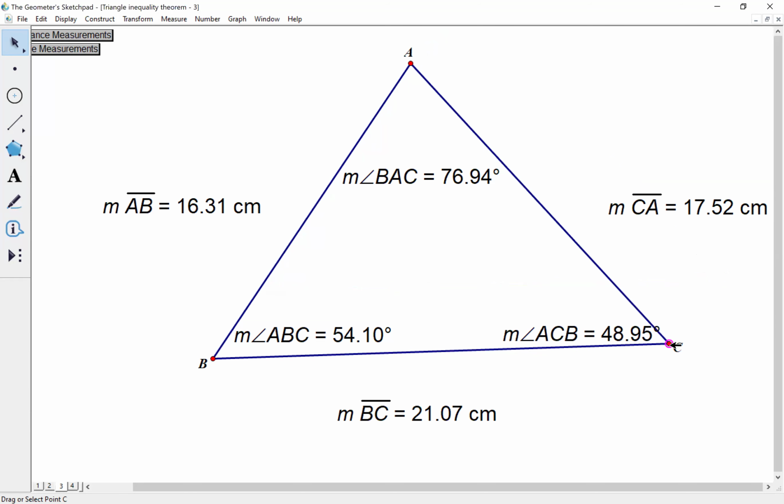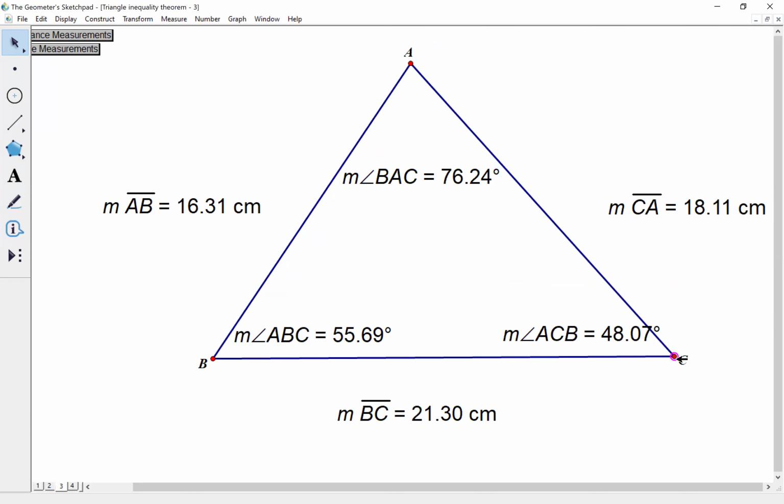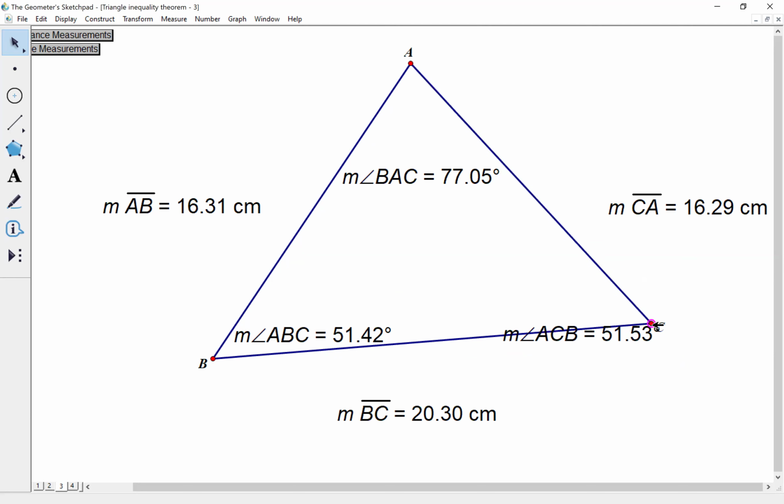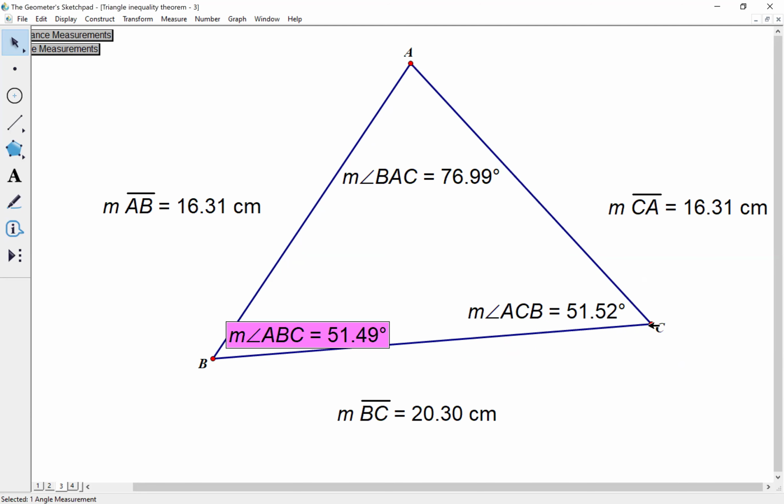So let me change these two angles. Let me try to make them as equal as possible. It's about there. It's a little bit off because it's really hard to get it right on.